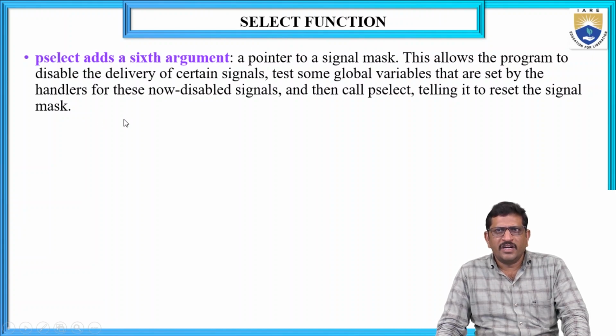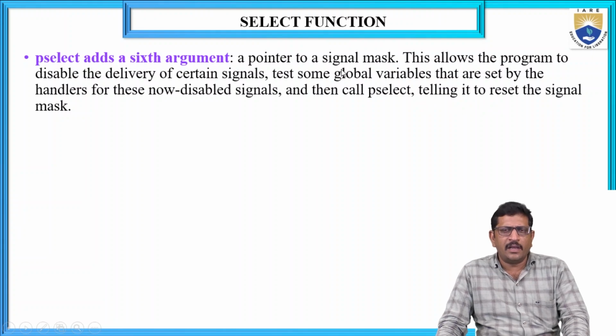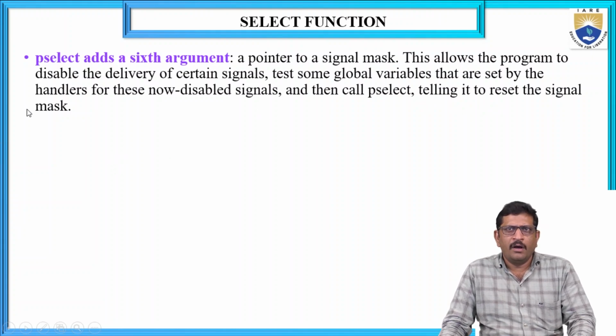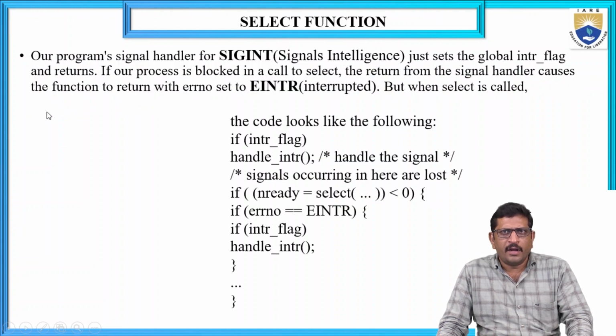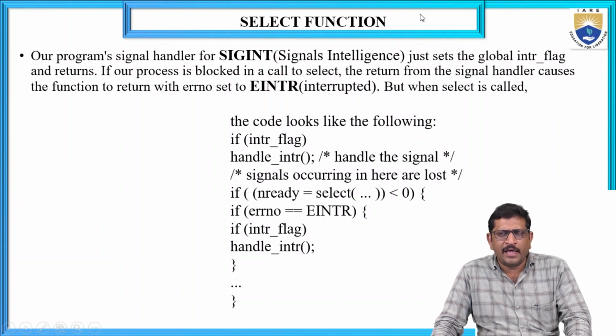For this, we disable the signal and then call the pselect function, telling it to reset the signal mask. So pselect adds a sixth argument. Consider a program in a Unix operating system with a signal handler for SIGINT, the interrupt signal, which just sets a global interrupt flag and returns.